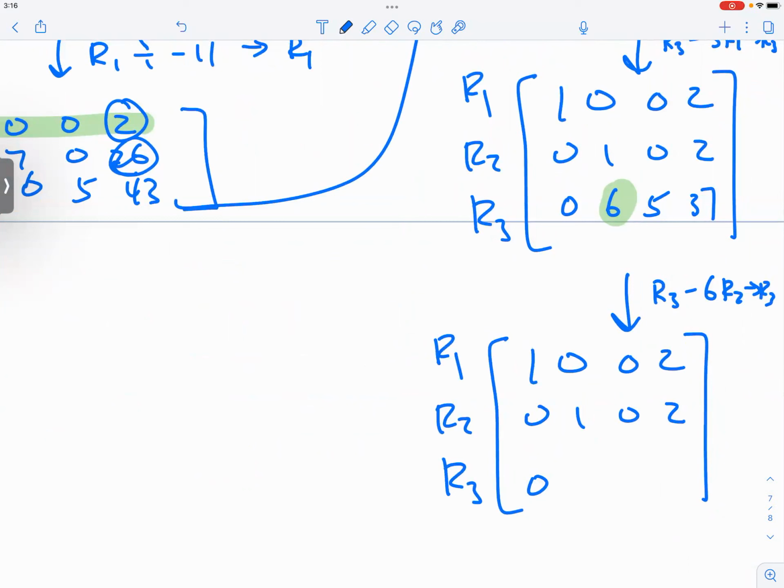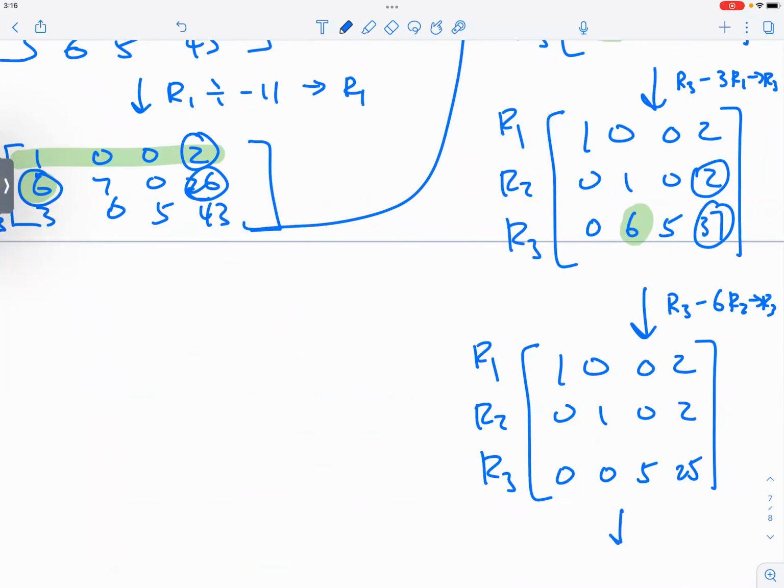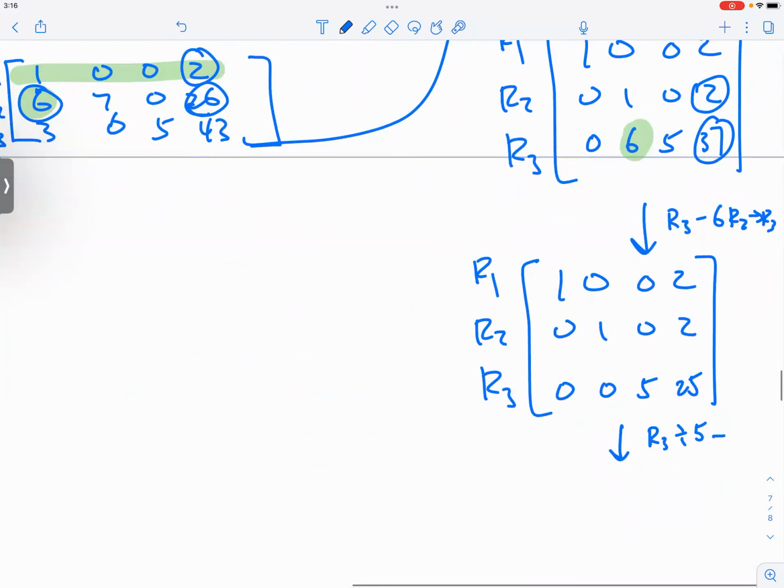And then 6 minus 6 would be 0. 5 still there. And then 37 minus 12 will be 25. And then for one last step, R3 is going to be divided by 5 to give us a new row 3.